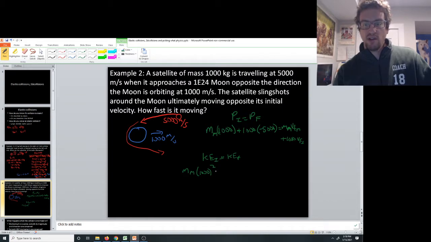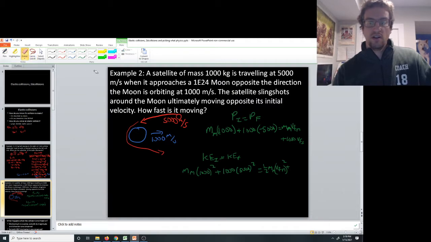Plus 1,000 times 5,000 squared equals mass of the moon times V final moon squared plus 1,000 times V final satellite squared, since it's all multiplied by the 1/2 anyways.